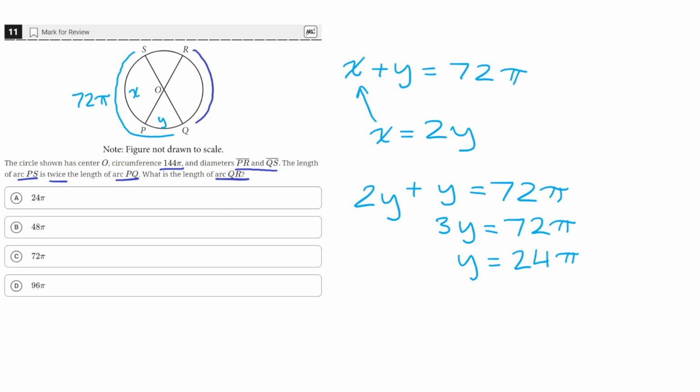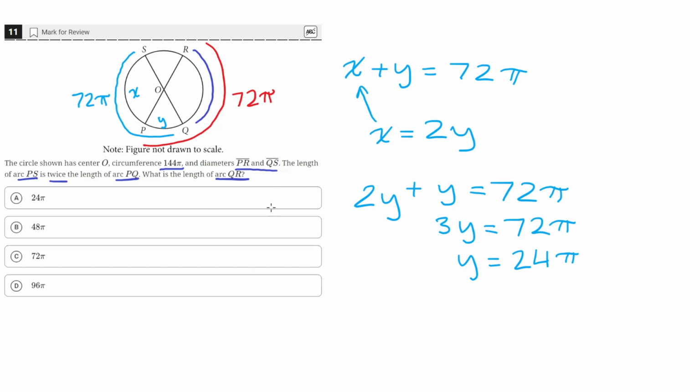Now, in order to find the length of arc QR, we know that PR here is also a diameter, which means that the total length of this arc that goes from P to R is also 72 pi.